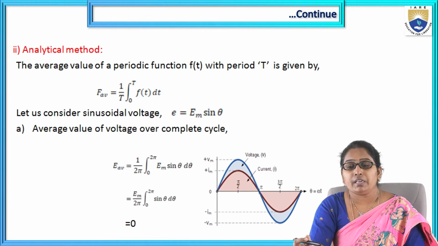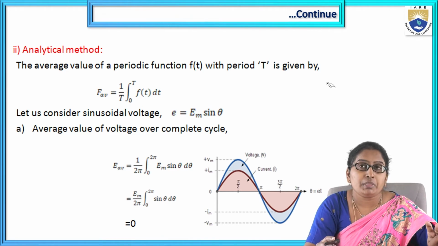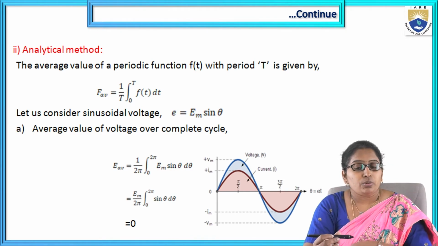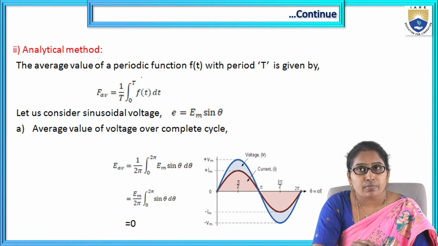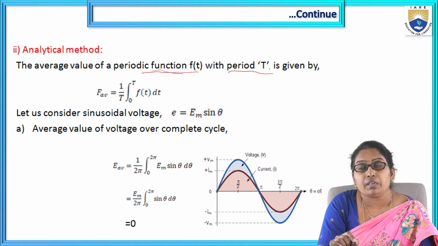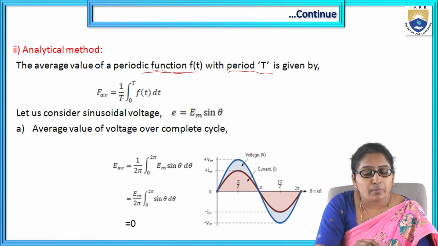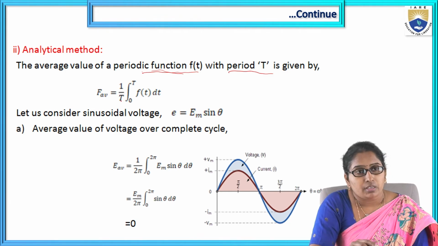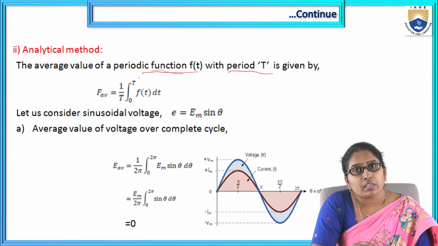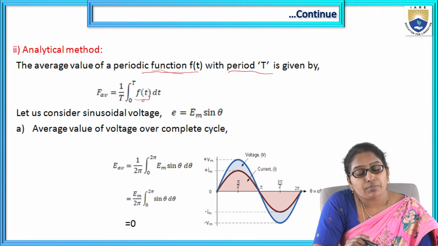Next method, the analytical method. This is the most commonly used method to determine the average value for any AC signal. For a periodic function, given the function is f of t and the period is capital T, f average is equal to 1 by T into the integral from 0 to T of f of t dt.